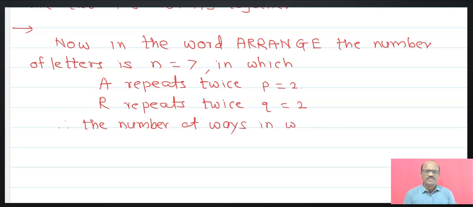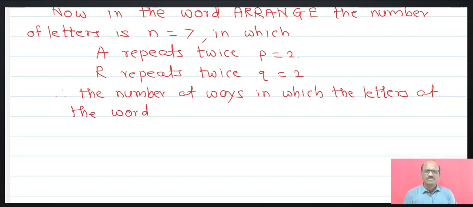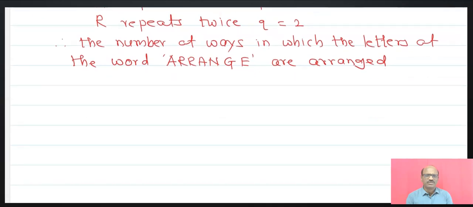Therefore, the number of ways in which the letters of the word ARRANGE are arranged in this manner, that is, we will find the total number of words formed by the given letters, n factorial upon p factorial into q factorial.